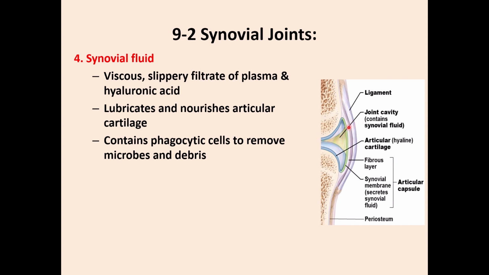In case an infection comes into the cavity, or a foreign body such as small pieces of bone or cartilage fills up this area, these immune cells go there and destroy or remove the foreign particles or the infections from that area. Inside the synovial cavity it is very sterile, with no bacteria, no infection, nothing should be there.